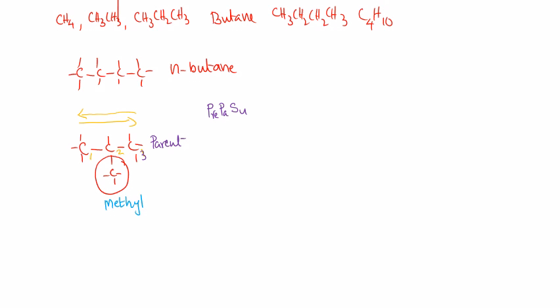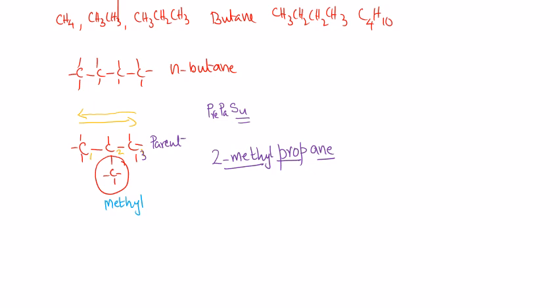The substituent is methyl. Which carbon is that one? 2. So 2-methyl, and then the parent chain is 3 carbons, so prop, and the suffix: this is a saturated compound, alkane, so propane. So 2-methylpropane.